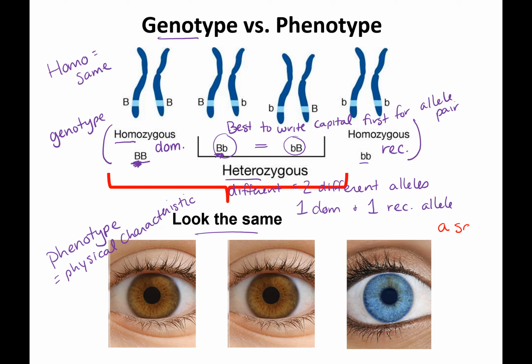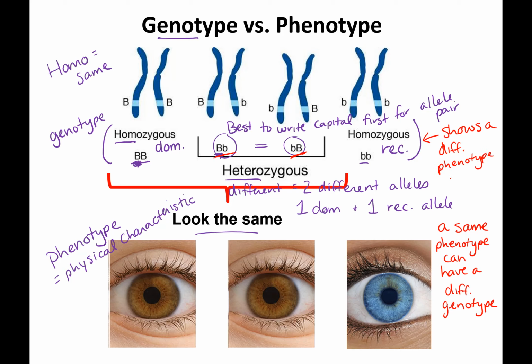A same phenotype can have a different genotype. So never assume because they show the dominant phenotype that they're homozygous dominant, because they could be heterozygous, either one of these. Homozygous recessive is going to show a different phenotype from the dominant.